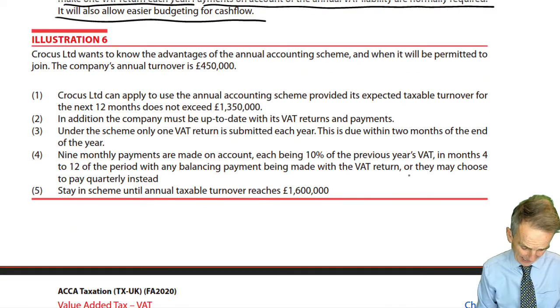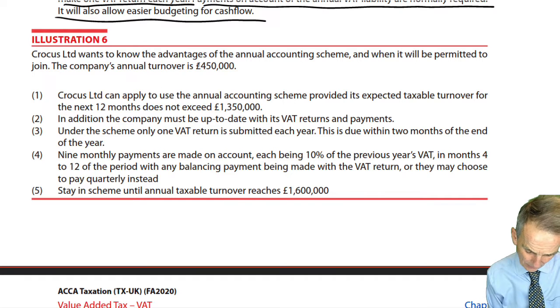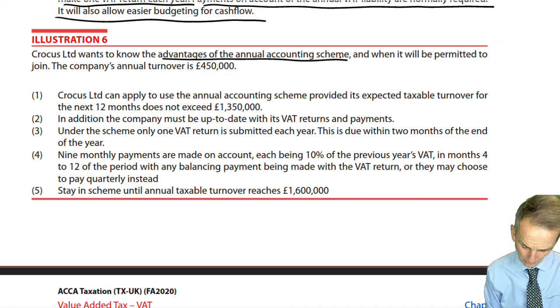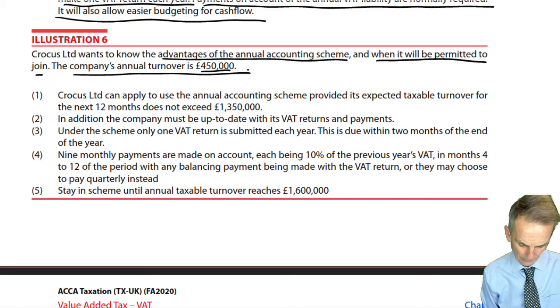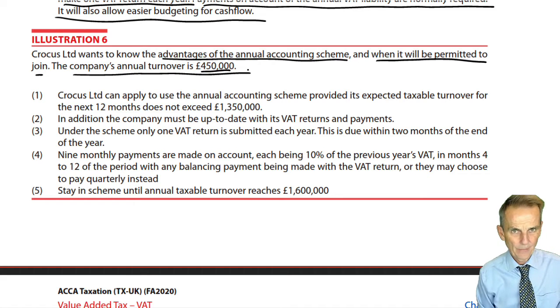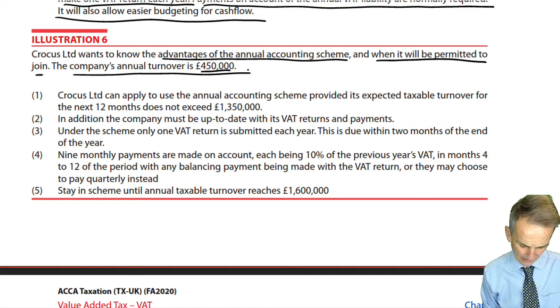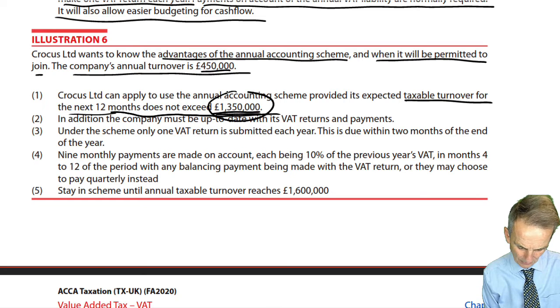The illustration here: we've now got our business that wants to know the advantages of the annual accounting scheme. Well, we've just noted that, but we'll see it again. And when will it be permitted to join? The company's annual turnover is 450,000. Again, we're talking in terms of an entry level where our taxable turnover for the next 12 months does not exceed 1.35 million.